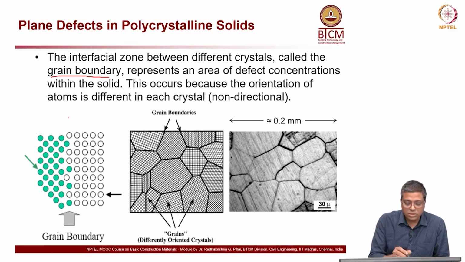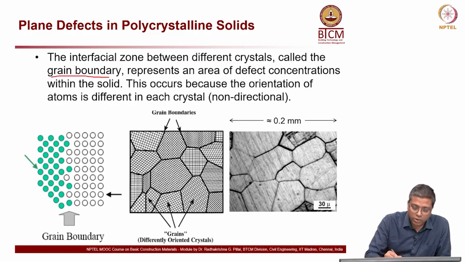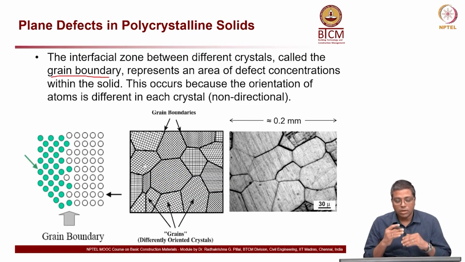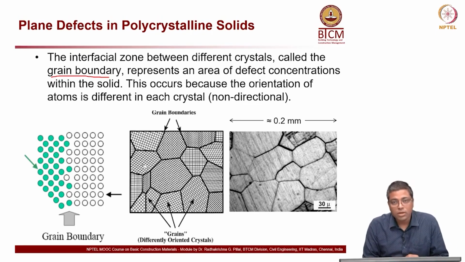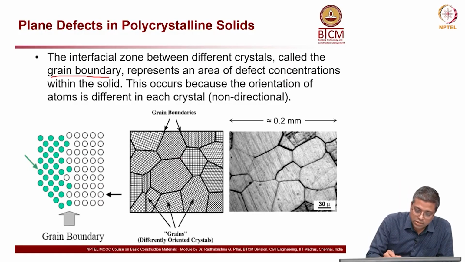This is depicted in the second drawing, where you can see the crystals aligned in a particular fashion. You can follow these black lines, that is the alignment for the crystals in each grain. So, each of these regions we can call a grain.